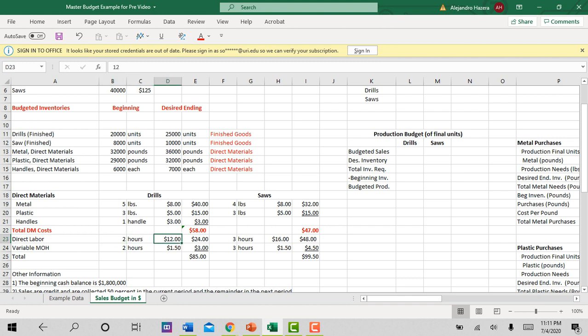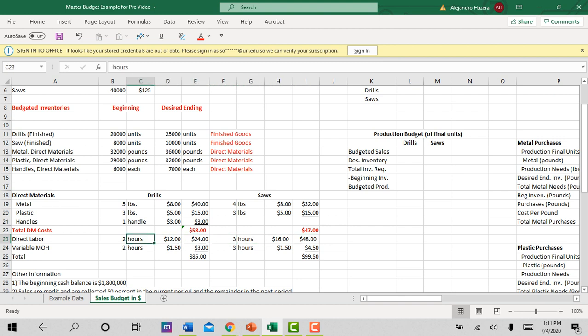You're paying each worker $12 per hour, so $24 is your direct labor cost for drills. And then for saws, I guess saws are a little fancier. I think it would be opposite, but 3 hours of direct labor go into each saw. Then you're paying each worker $16 per hour, so the total direct labor costs for saws are $48.